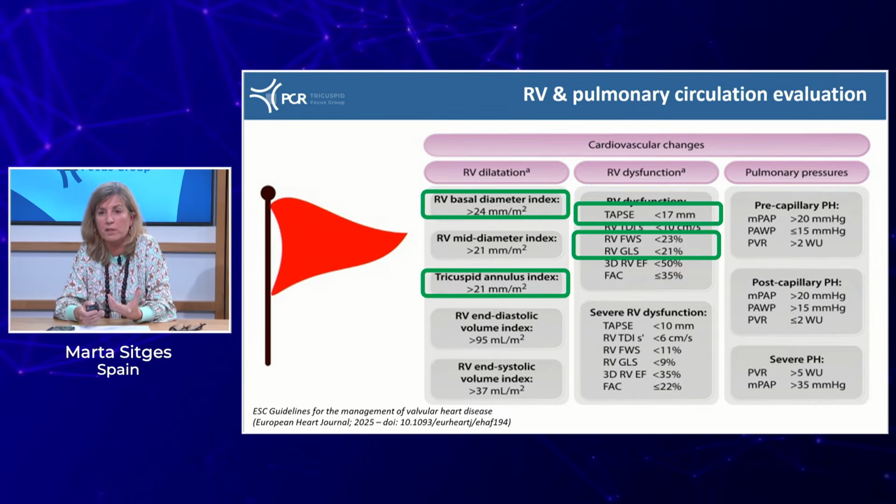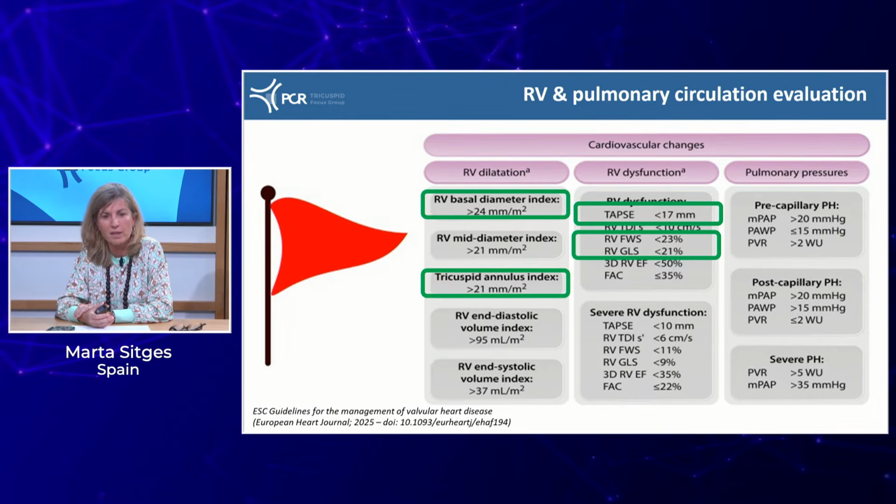Probably this is one of the toughest things. We always look for the magic number. Magic numbers are difficult to find, so it's an integration of different aspects of ventricular size and function.